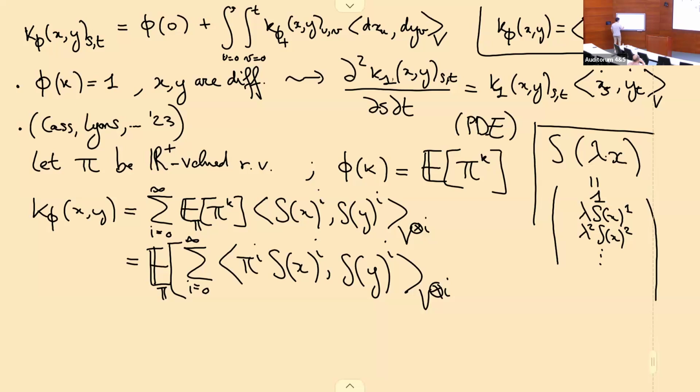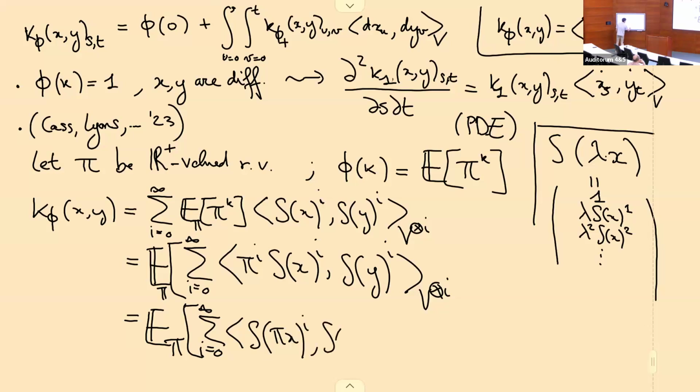And so here you see that what you get by doing that is an expectation over pi of the sum, i equals 0 to infinity, of the signature of pi x at level i, inner product with the signature of y at level i, the tensor i. And then the inside of the expectation is just the definition of the original signature kernel, the one with the weight equal to 1.